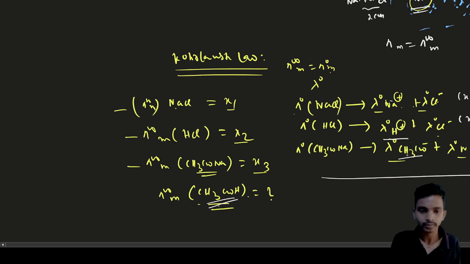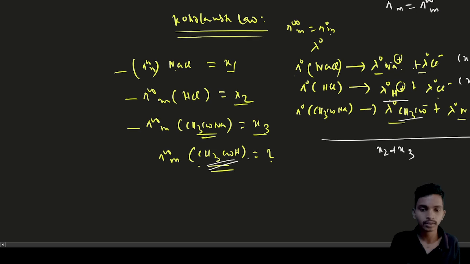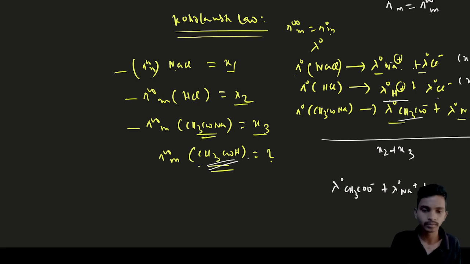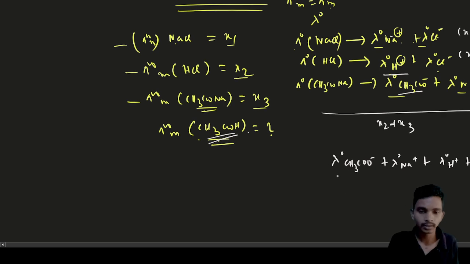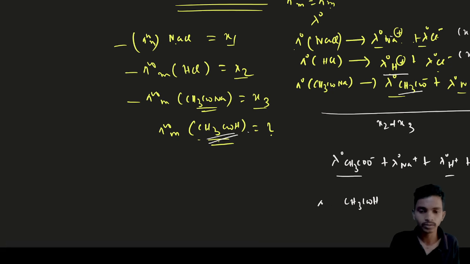Then if I add x2 plus x3, where x2 is this value and x3 is this, and I add this value, then I get this one, and for this I get the compound, so I will put this value.